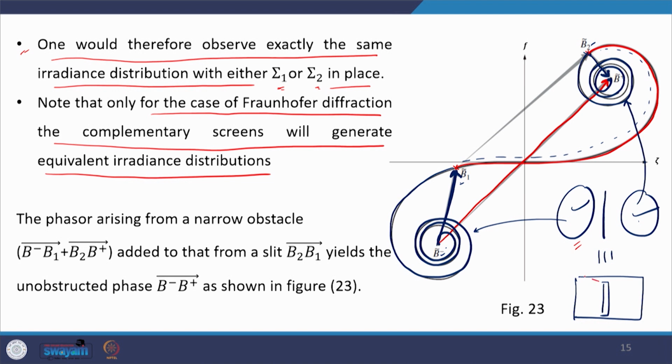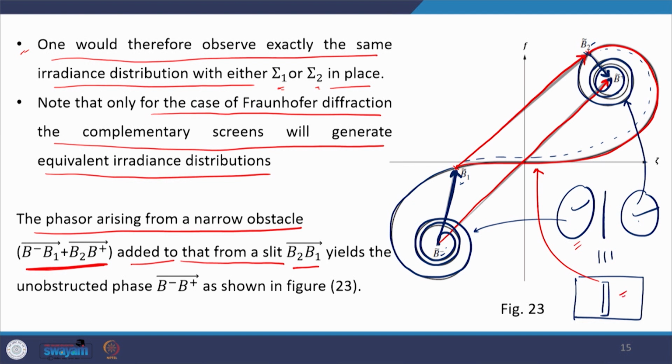Therefore, the phasor arising from the narrow obstacle, given by the expression b minus b1 plus b2 b plus, added to that from the slit, b2 b1, which is the phasor due to the narrow slit, yields an unobstructed phasor equal to b minus b plus.